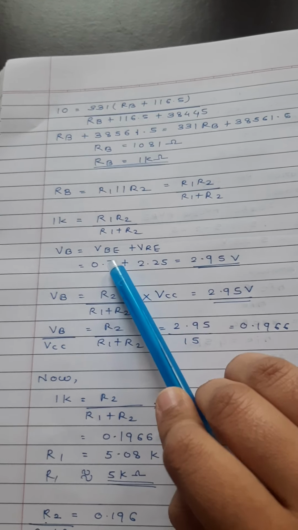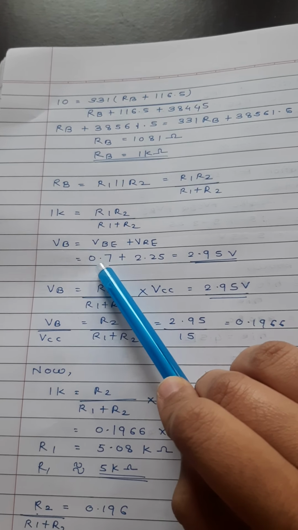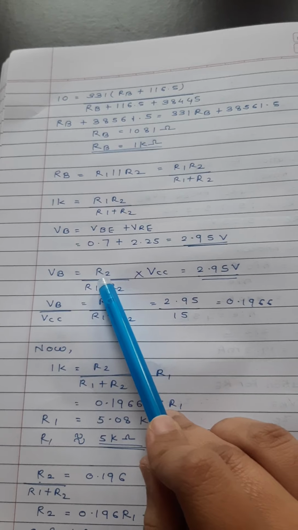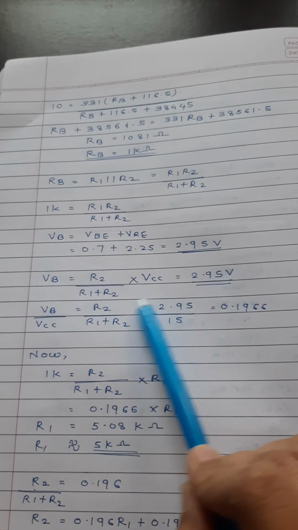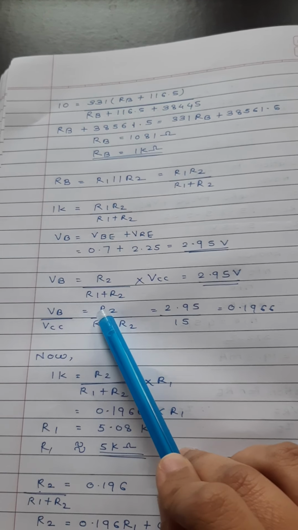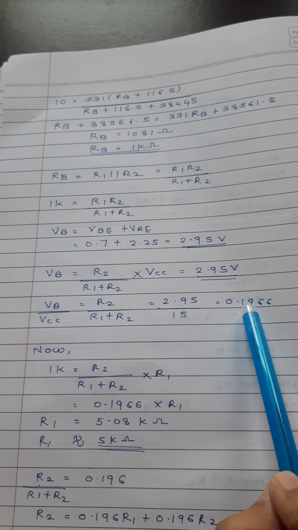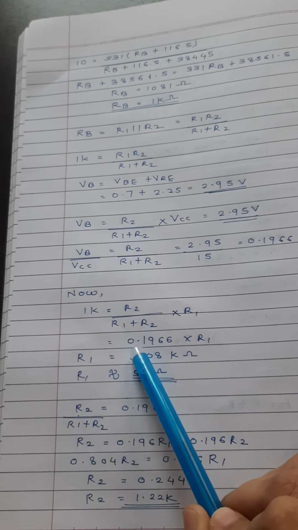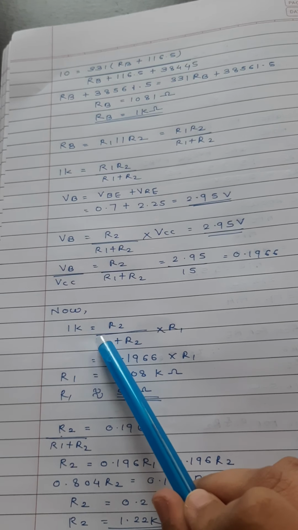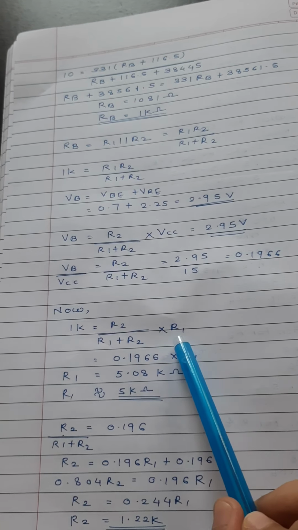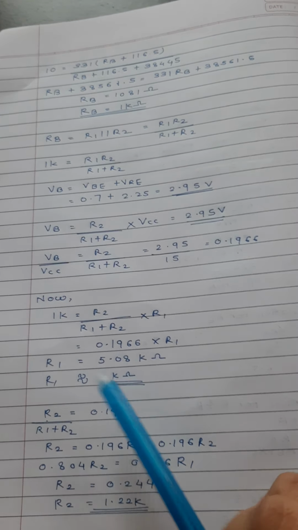VB equals VBE plus VRE. The value of VBE is ideally 0.7. So we can get R2 upon R1 plus R2, which is VB upon VCC, equal to 0.1966. From the R2 upon R1 plus R2 value and with the help of RB, we can calculate R1. R1 comes approximately as 5 kilo ohm.